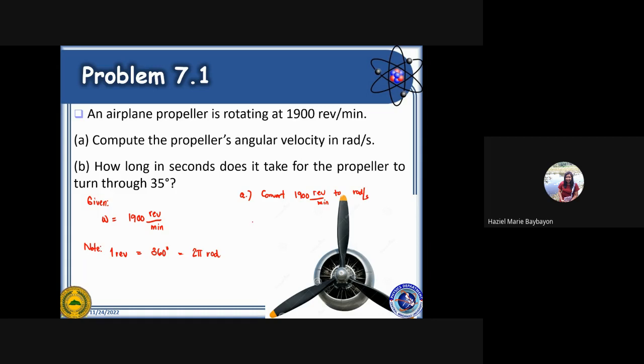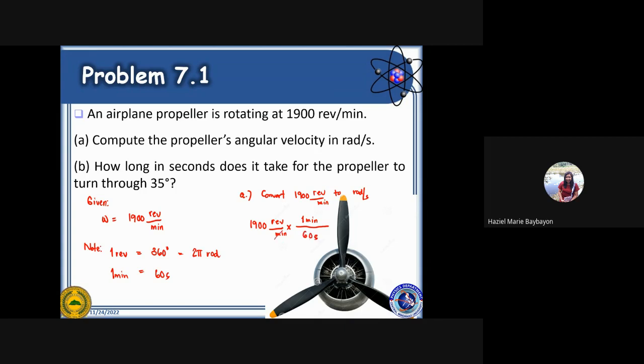We just have to write this one and then multiply it with the conversion factors. Another conversion factor that we will be using is that in 1 minute, there are 60 seconds. So, to cancel out minute, we will put it in the numerator and then 60 seconds in the denominator.